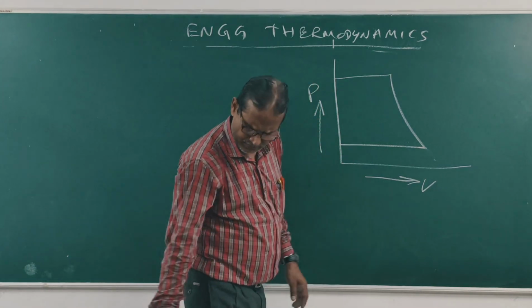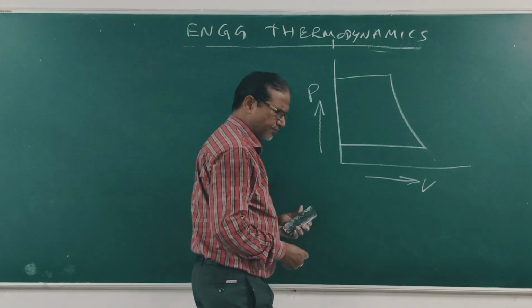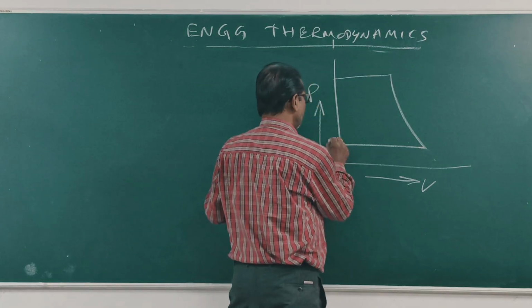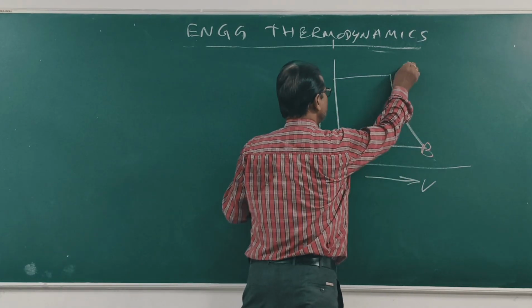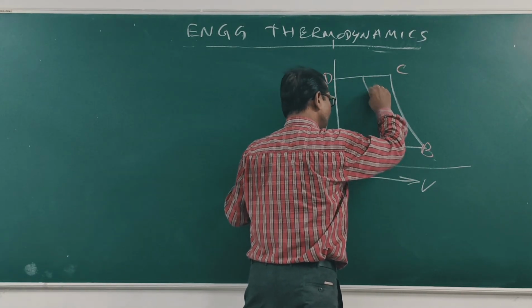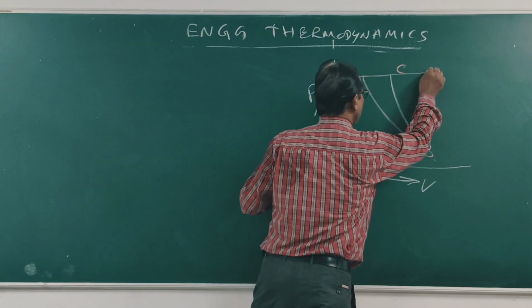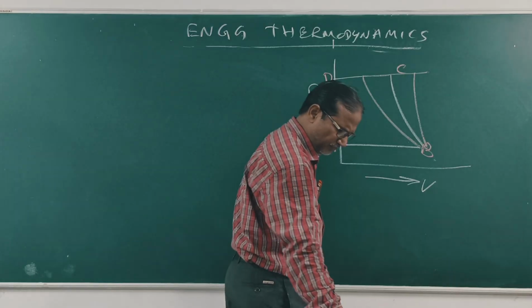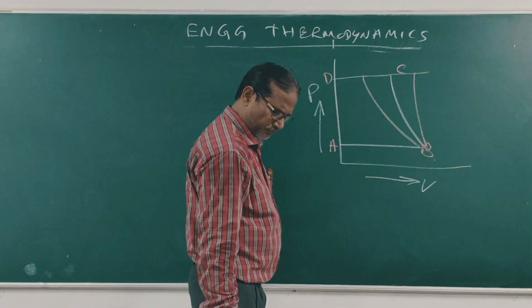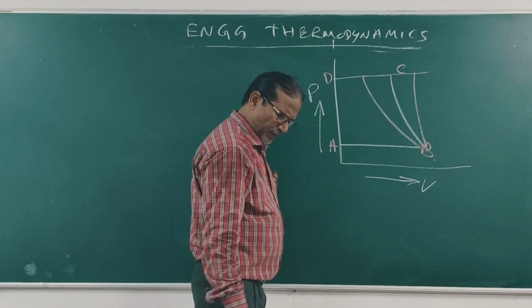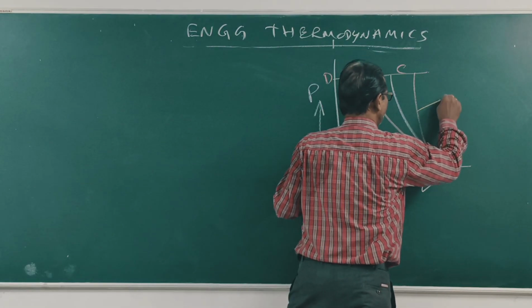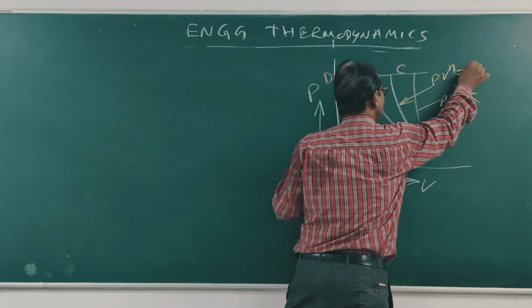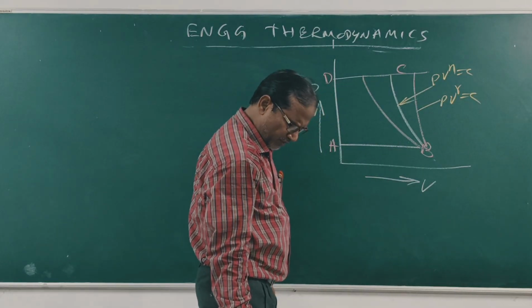A, B, C, D. This is PV^gamma constant, this is PV^n constant, this is PV constant.